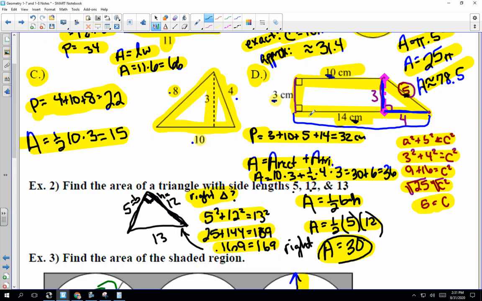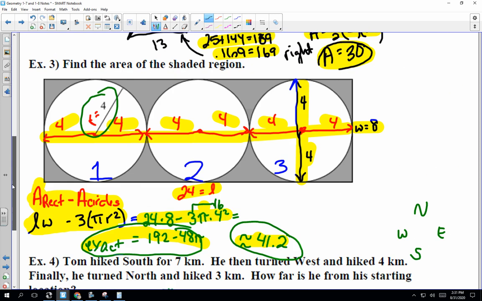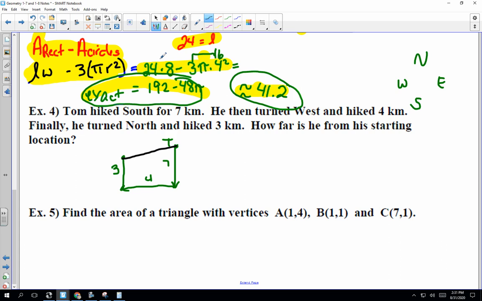It's that same rectangle shape with a triangle on the end. So we're going to use that same method and a little Pythagorean theorem. I'm not drawing that very straight. Okay, so this is a straight line. Okay, and then here's our little right angle.